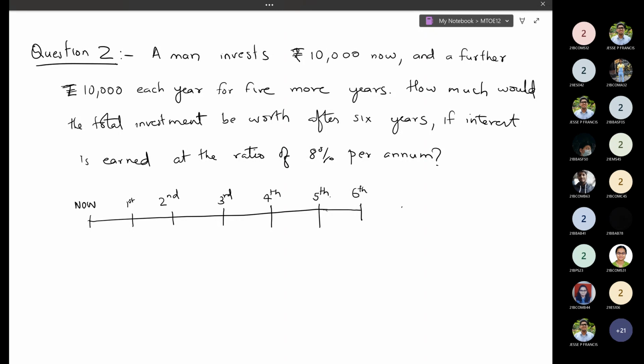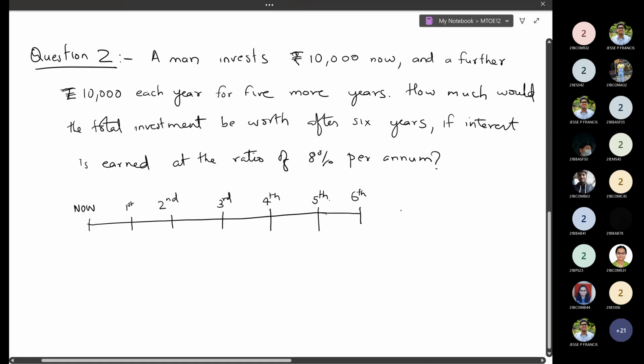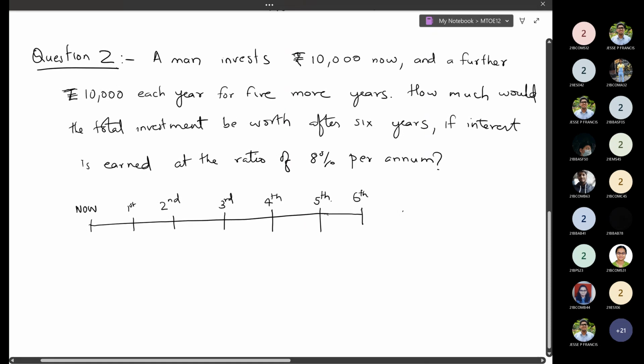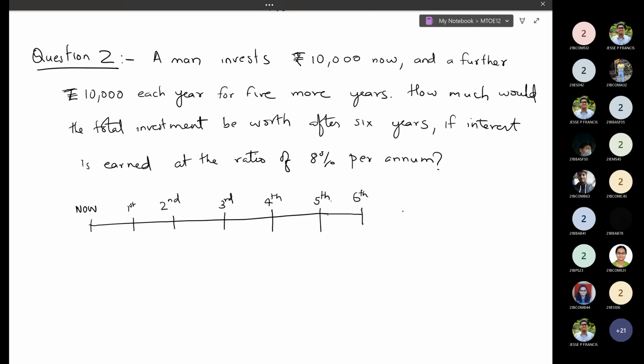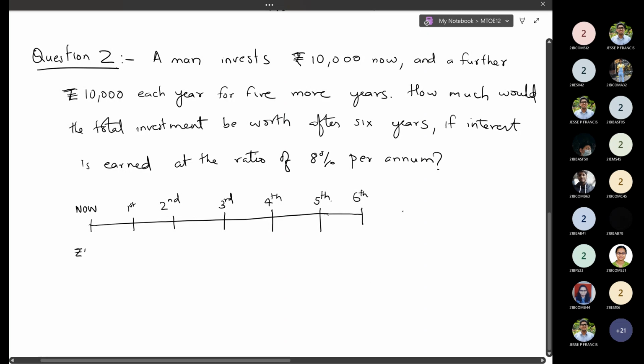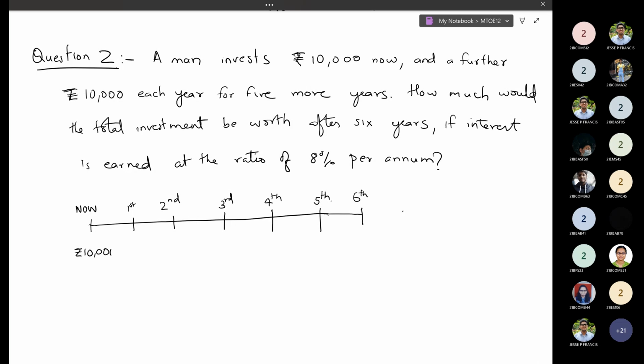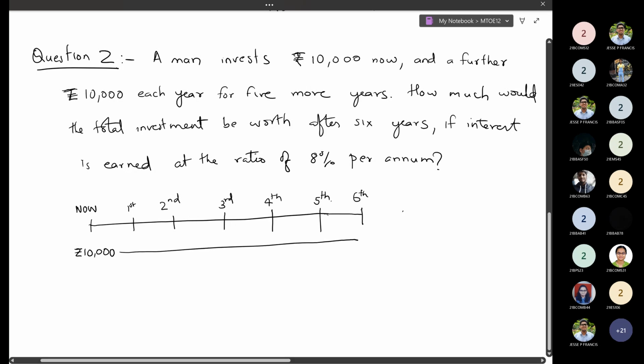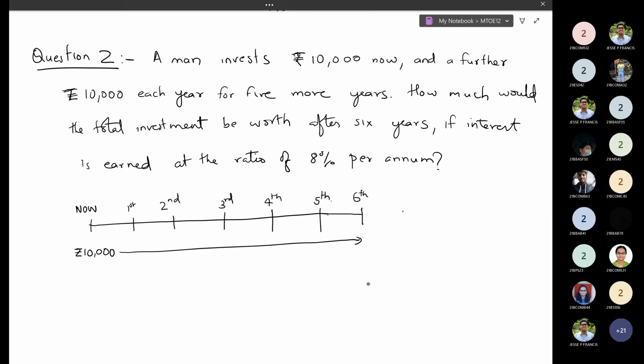Okay. So now we are putting in rupees. How much are we investing? Rupees 10,000, which is going to stay for 6 years.